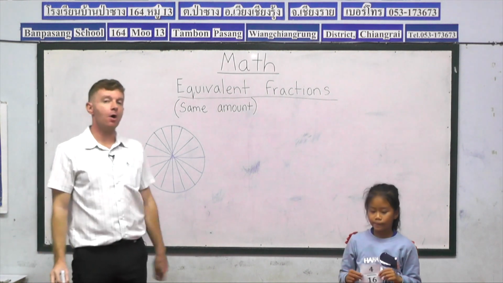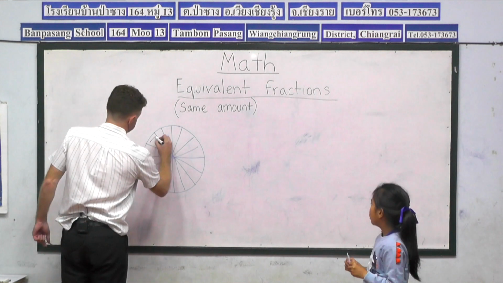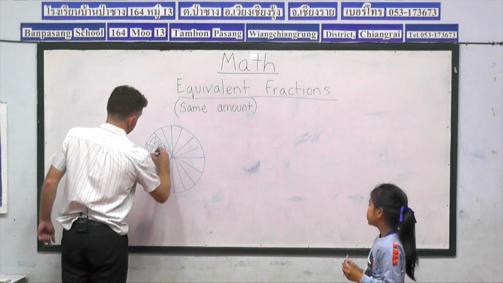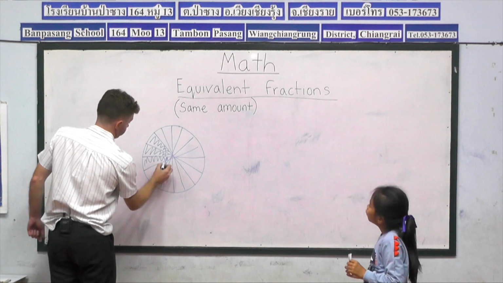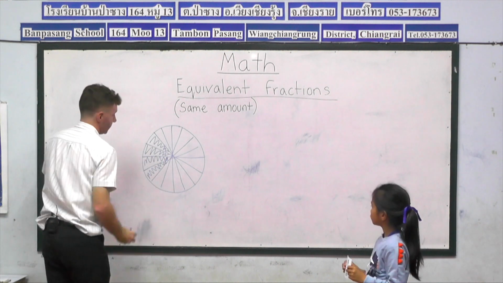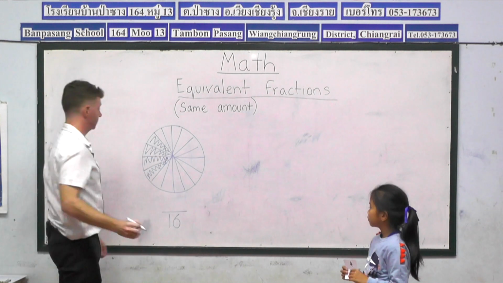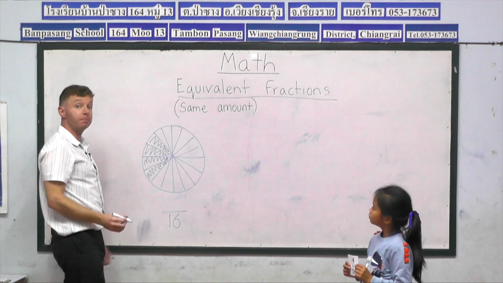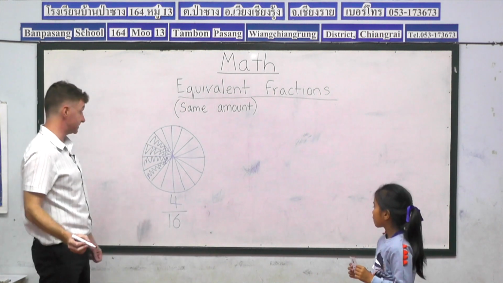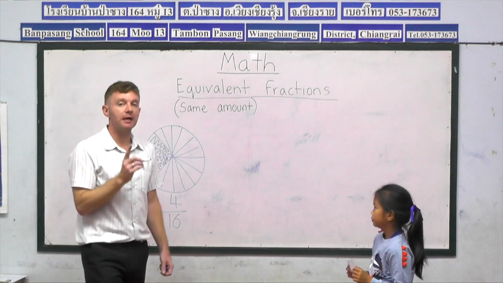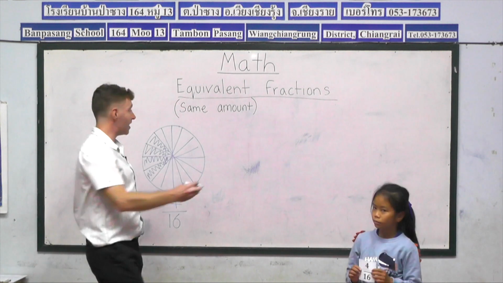Now, how many parts do I need to put into blue? 4. Okay, so 16 parts in total, denominator. And then 4 in blue, our numerator. 4 over 16. But now, I would like Prel to demonstrate the same amount in an equivalent fraction.